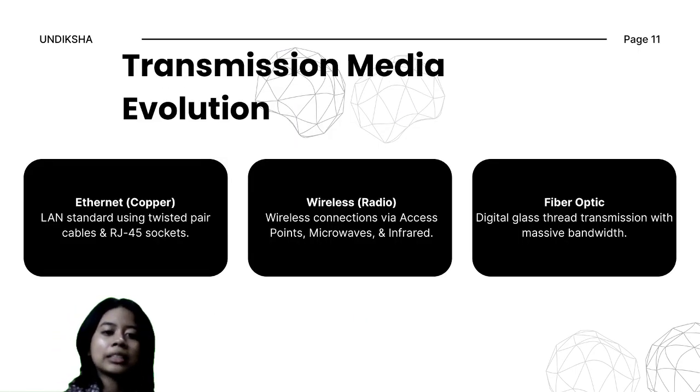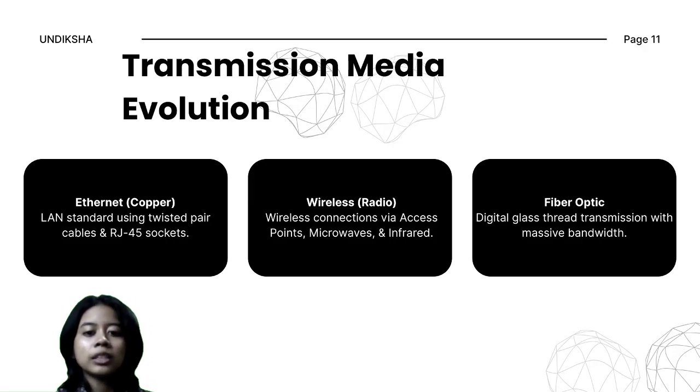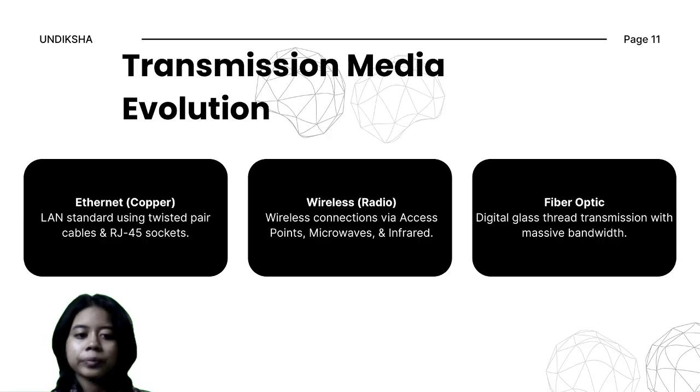The final piece of our infrastructural puzzle is the transmission medium, which has gone through a fascinating technological evolution. We begin with traditional copper-based wiring systems, which utilize twisted pair cables terminating in standard RJ45 sockets to move electrical signals across a local environment.